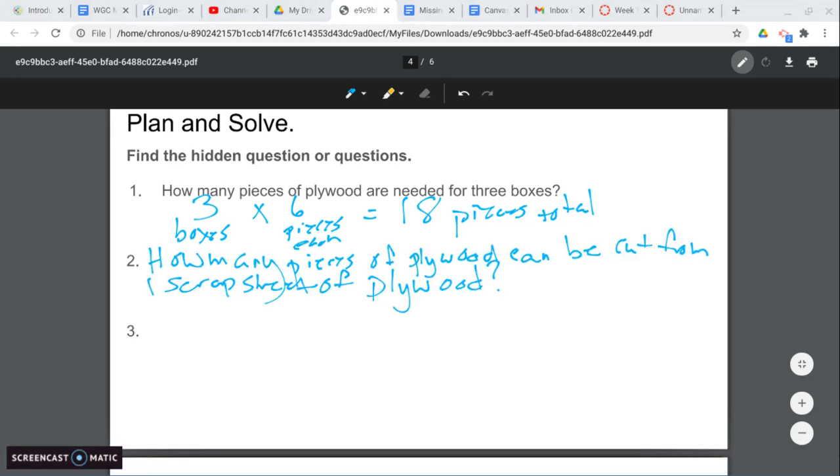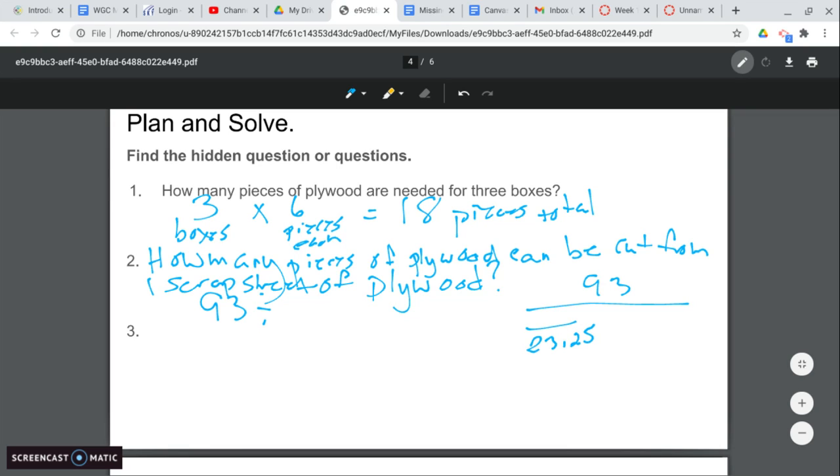We know that the length is 93 inches, and we know that 1 piece is 23¼. How many of those will fit into the 93?